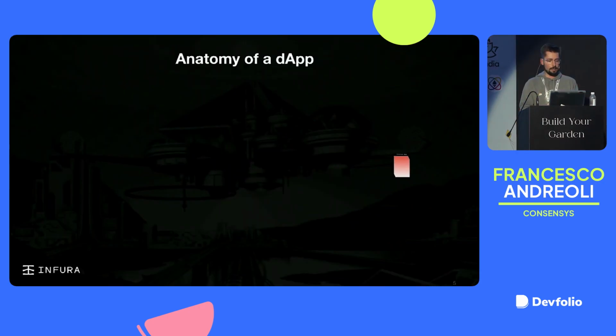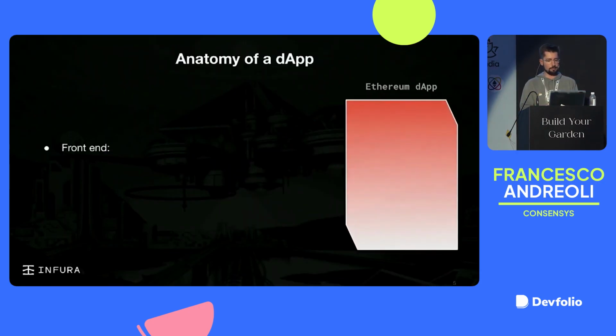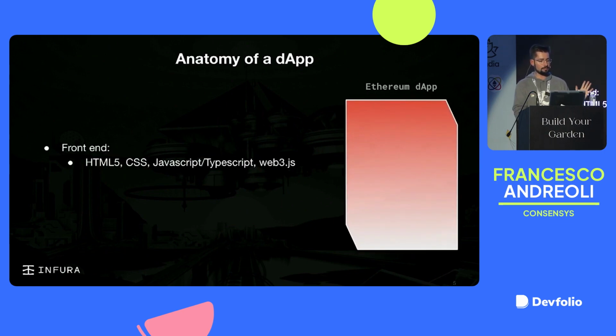The anatomy is quite simple, right? We have our own front end: HTML, CSS, JavaScript, Web3.js, where you inject Ethereum. Truffle and Ganache are for testing your smart contract. How many of you test your smart contract with Truffle normally, or do you use other tools?